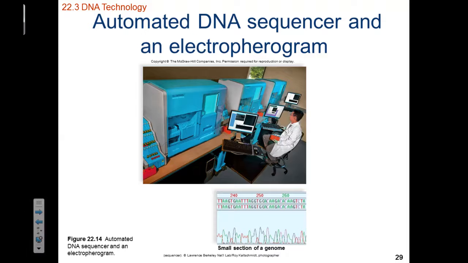So here's a picture of a DNA sequencer, and that DNA sequencer looks at the color wavelength of light that each region of the genome will glow. And based on those colors, the sequencer is then able to say what nucleotides are present in the DNA fragment.